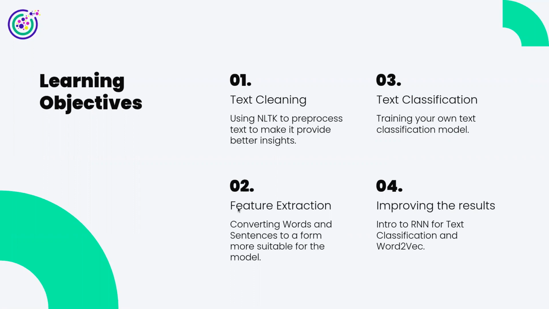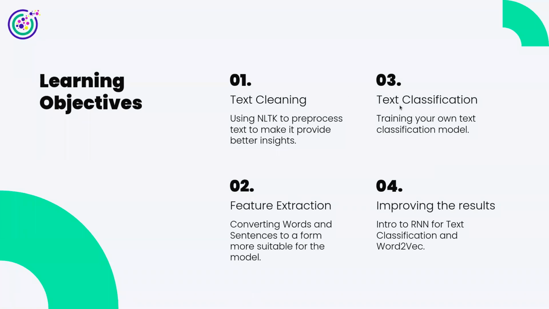Second, we'll be learning about feature extraction. You can't just feed a raw text to the ML model, right? So we'll be learning about how we can create vectors of those sentences and create it into a form that is more suitable for the model to use.